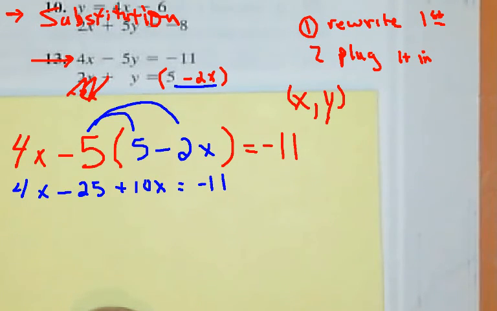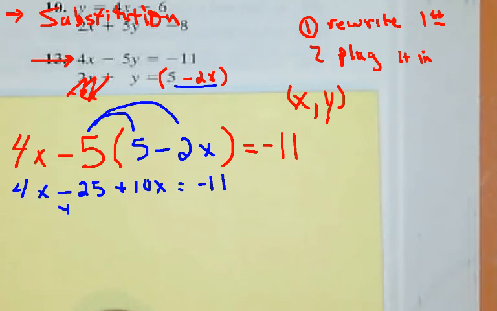Okay. We've got something going on here, right? What did I just do? Oh, yeah. I want to combine all the numbers together. What is this? This is 14, right?